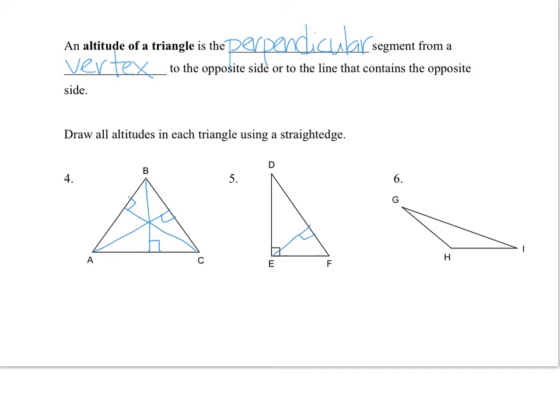And then in an obtuse triangle, there is only one altitude that will be inside the triangle. And here's one that's outside, and this altitude would be outside the triangle.